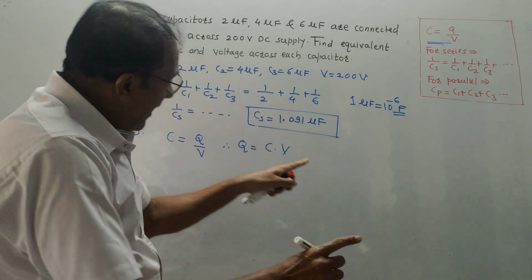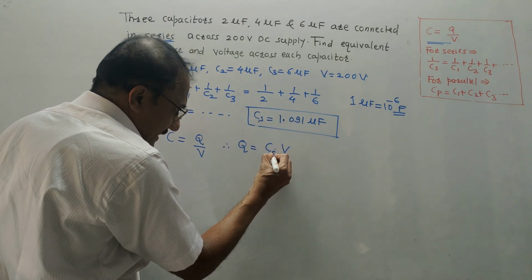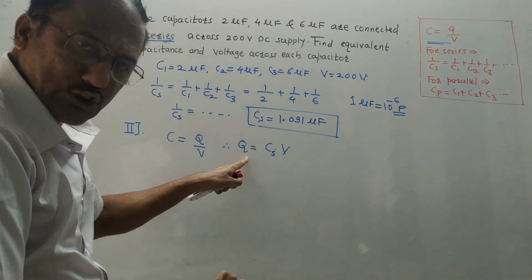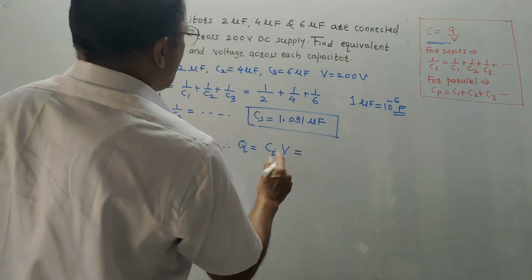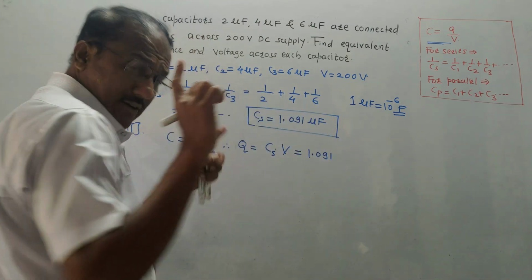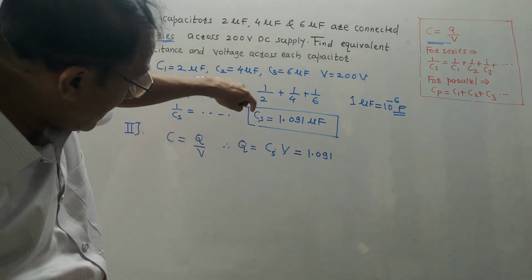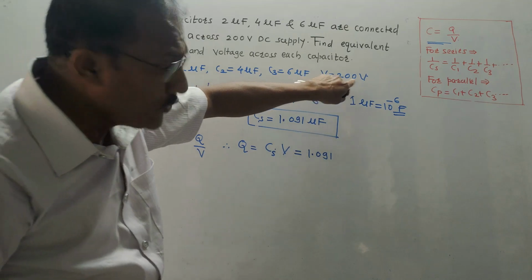Since charge is the same, I will consider the equivalent value of capacitance. In this case, the formula is written as Q, that is charge, is equal to Cs into V. Simply put the values. Value of Cs we just calculated, 1.091. Now, here don't make the mistake. This unit is microfarad, whereas the given voltage V has unit volt.